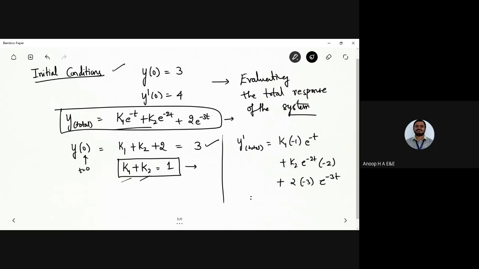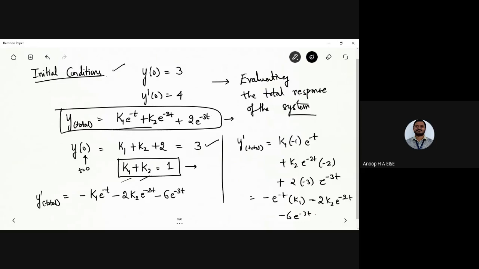Next, that is minus k1 e power minus t minus 2k2 e power minus 2t minus 6 e power minus 3t. I can rewrite this in a straight line: y dash total equals minus k1 e power minus t minus 2k2 e power minus 2t minus 6 e power minus 3t. That's how you get y dash total.